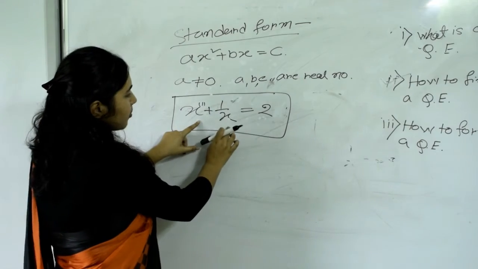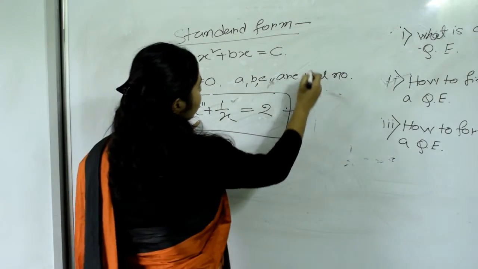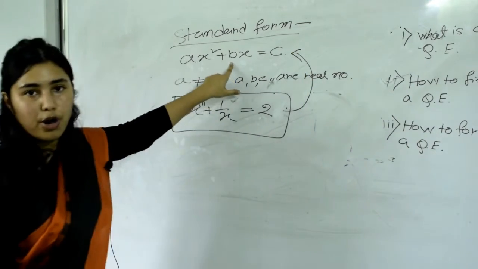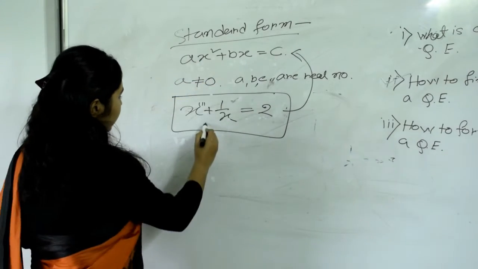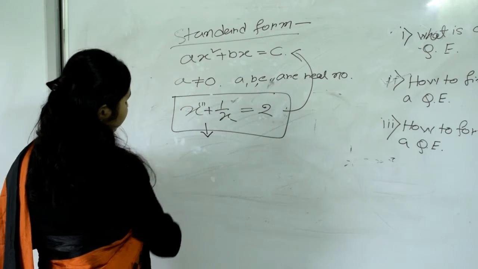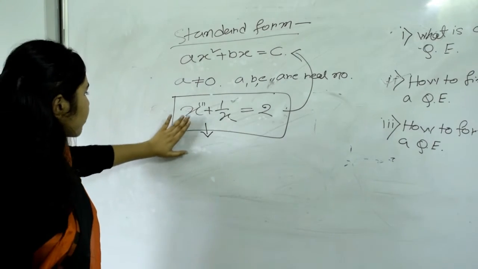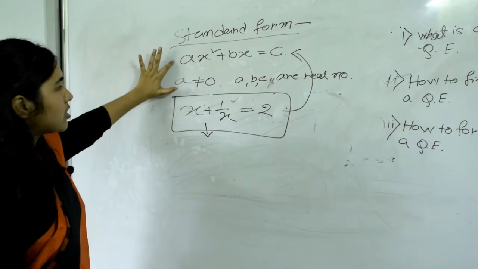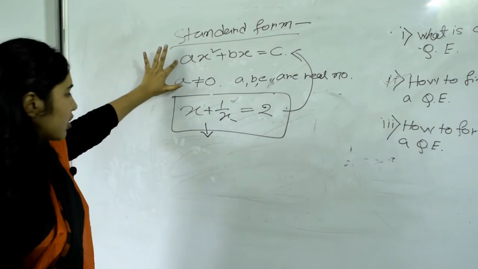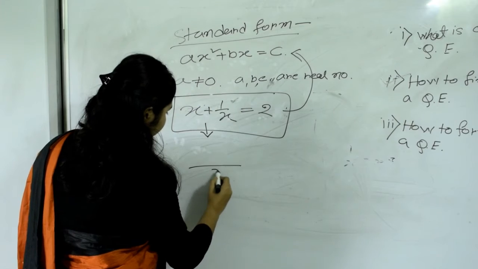You have to transform this equation into the general form, which is ax square plus bx plus c. So first, what you have to do, you have to transform this equation into a standard form or general form of quadratic equation. So first, simplify.